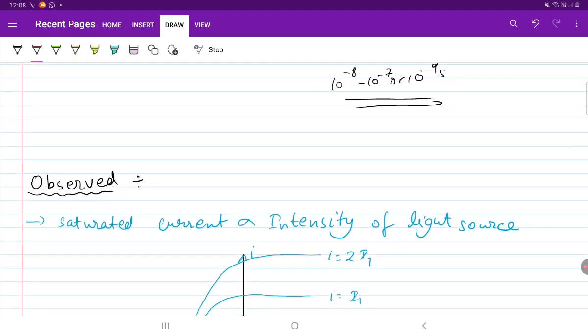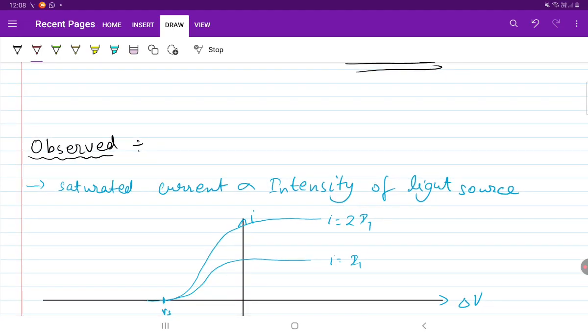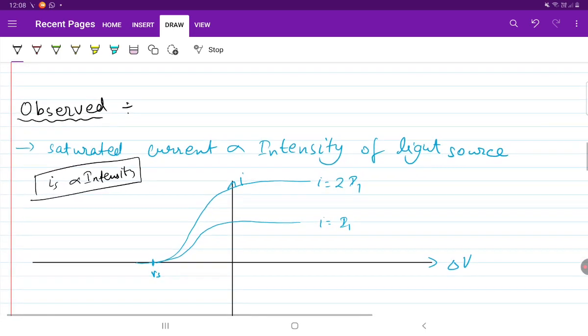Now let us see the observed concepts. First thing is that the saturated current is proportional to the intensity of the light. As you increase the intensity, the saturated current will increase, and the saturated current Is is proportional to the intensity. We'll be deriving the formula for the saturated current later.